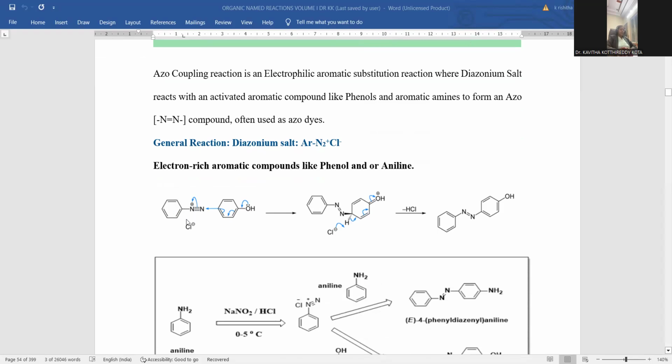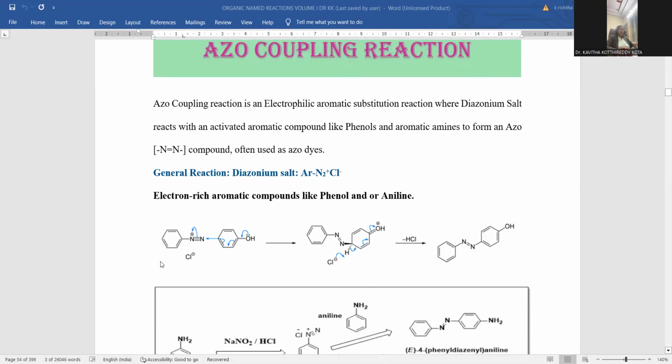Let me provide the reaction with this diazotization, azo-coupling reaction. Benzene diazonium chloride is one of the reactants to be treated with an activated compound, either phenol or aniline. Whenever these two compounds are treated, the para position is activated with respect to the phenol or aniline, so that the para position, with its electron-rich nature, is able to bind with the nitrogen, so that bonded electrons are moving back towards the nitrogen.